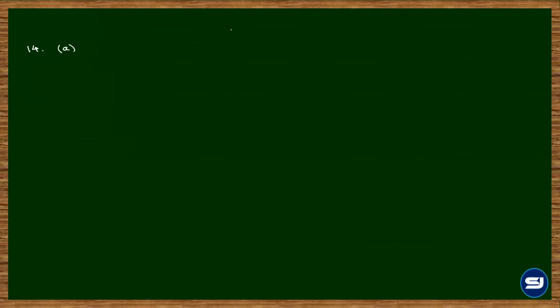So we have to prove whether the Cp by Cv ratio for a mixture of 1 mole of a monoatomic gas and 1 mole of a diatomic gas is 1.5 or not.